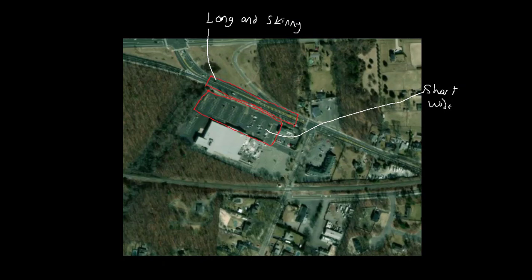The road, I just drew this little piece here, but the road keeps going. Versus the parking lot, it's not going to keep going. It's smaller, it's shorter, and it's typically wider. Parking lots are typically a lot wider than the road.